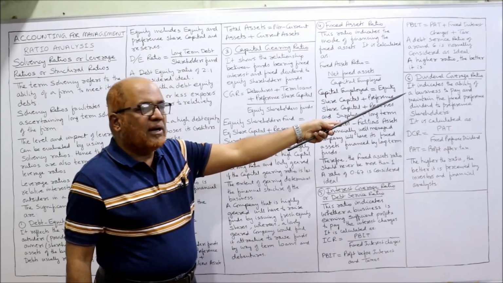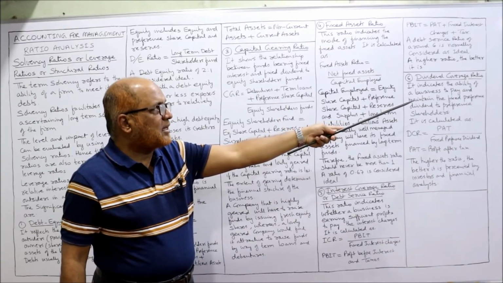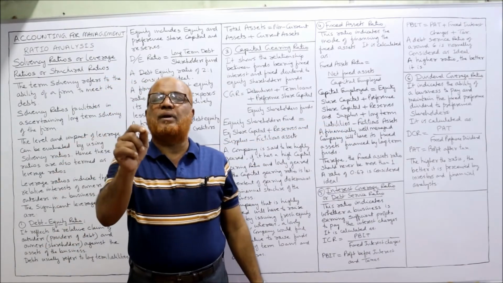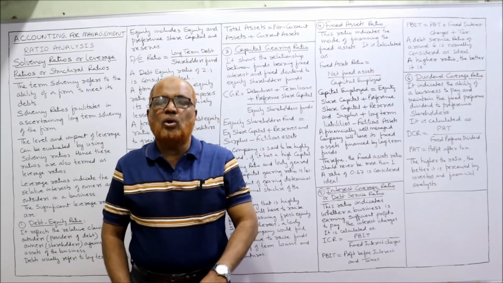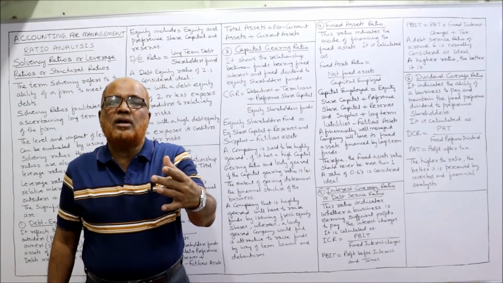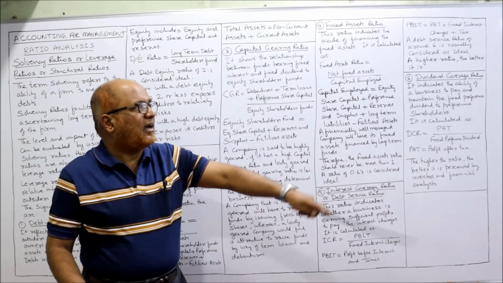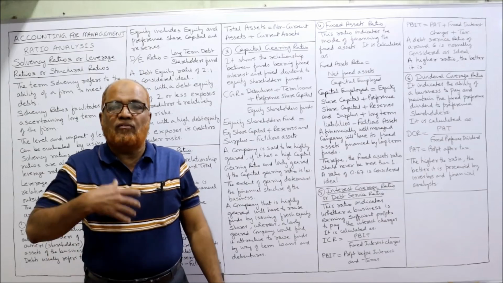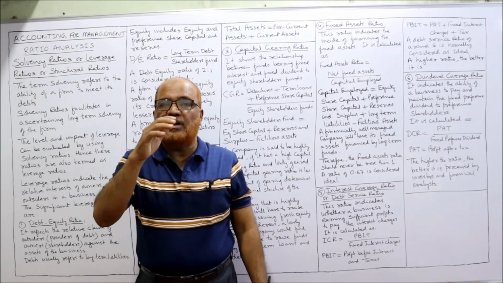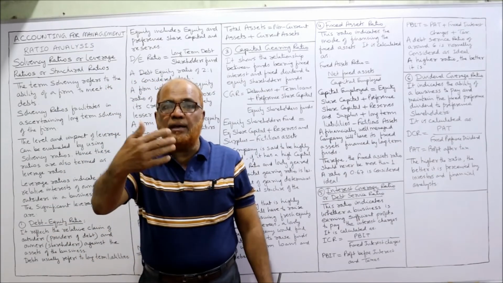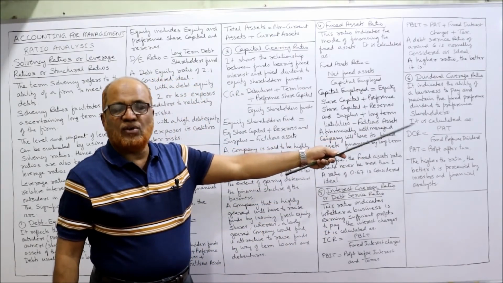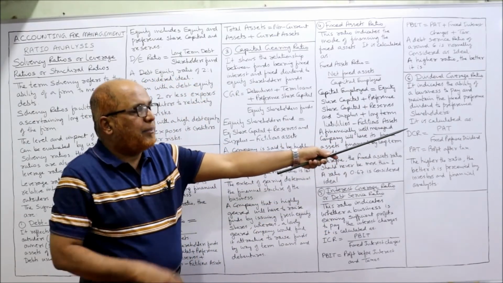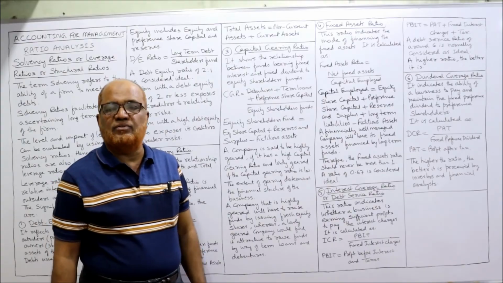It indicates the ability of the business to pay and maintain fixed preference dividend to preference shareholders. So normally, preference shareholders are interested in finding out dividend coverage ratio. They want to see how much the profit earns in times of preference dividend. So formula for dividend coverage ratio is PAT divided by fixed preference dividend.